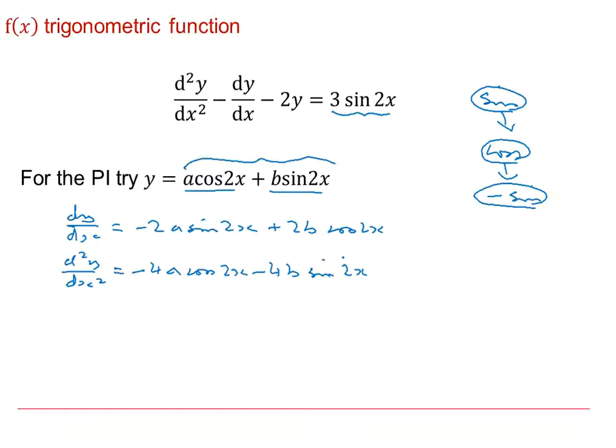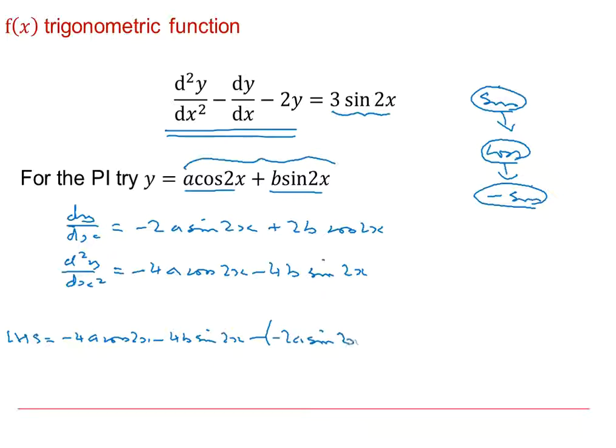We can then substitute all of y and its derivatives into the left hand side of the differential equation, so that the left hand side becomes, so we need a second derivative minus a first derivative.